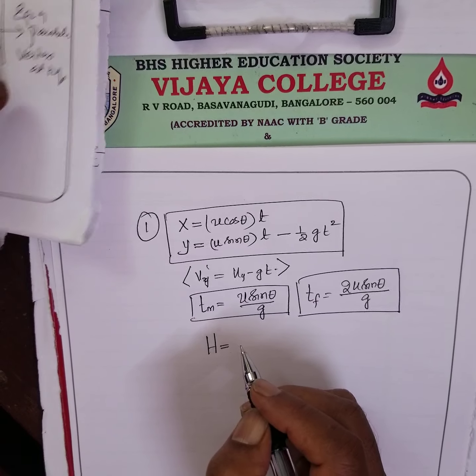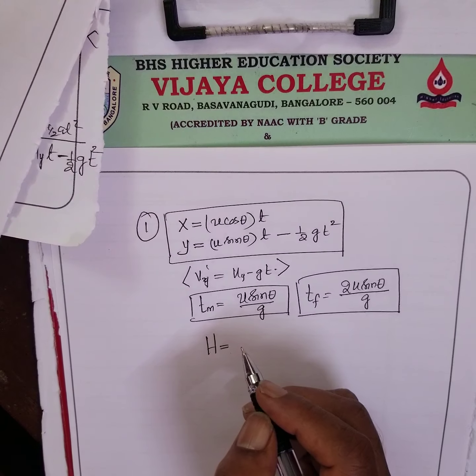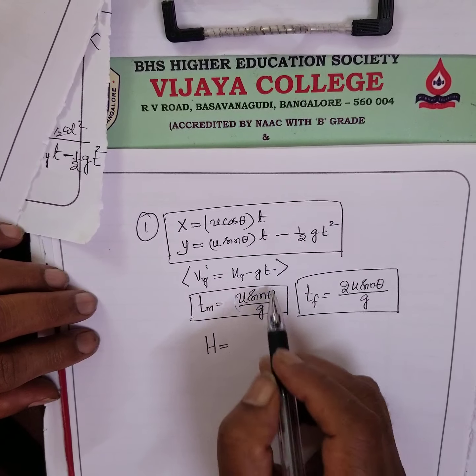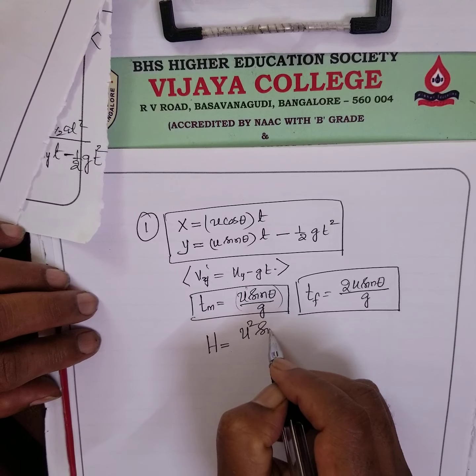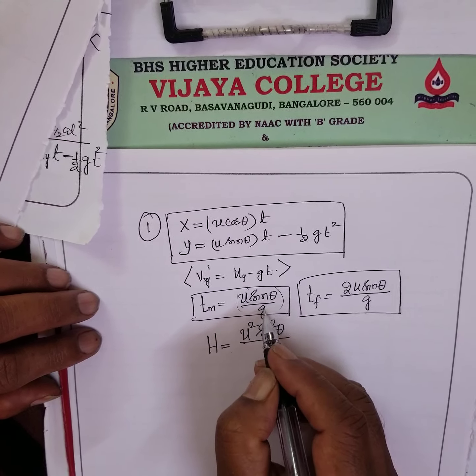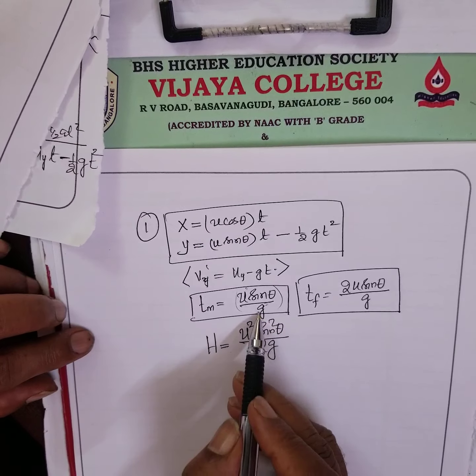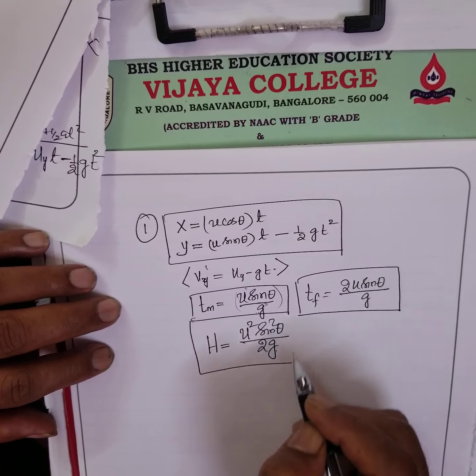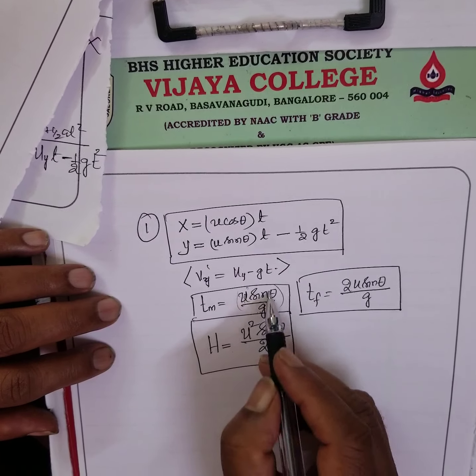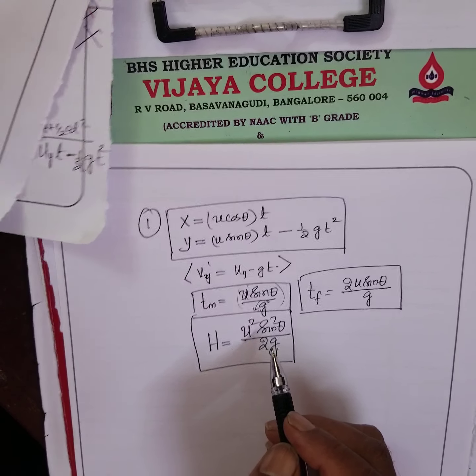The maximum height reached is how much? Square both sides. U square sin square theta. Don't put g square, if you square it, the 2 slips off. I remember like that only. Squaring, when I square it, the 2 slips off.